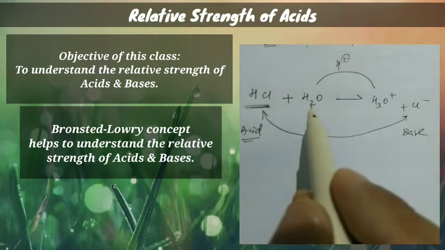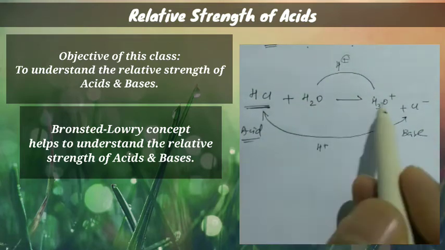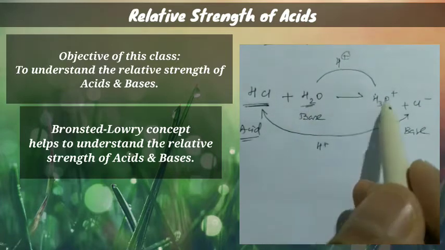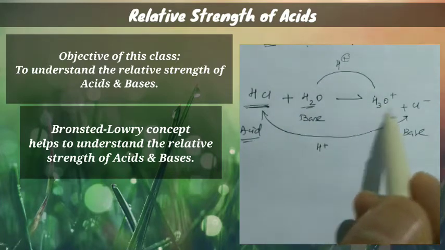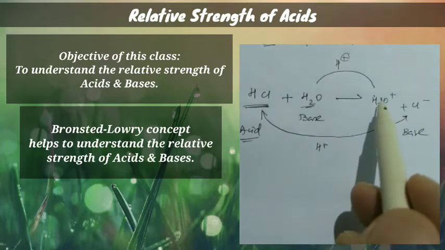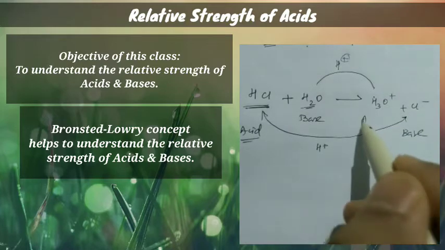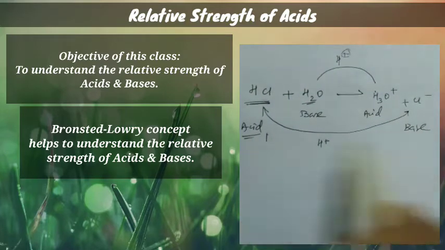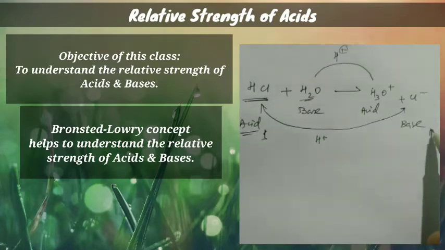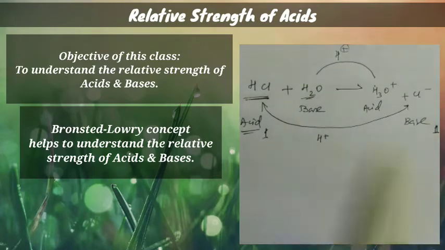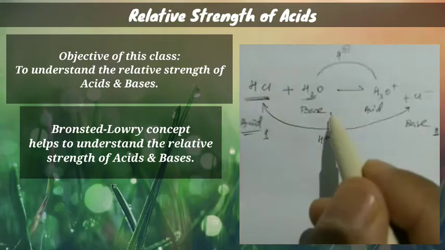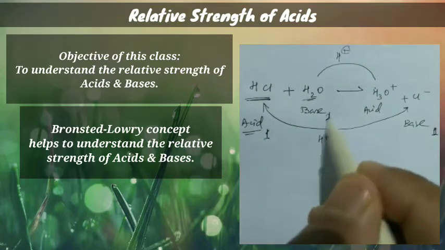Since water accepts the H+ ion, it is your base. And to get water back from this one, the hydronium ion must lose H+, so it is your acid. Let's suppose we mark with subscript 1 this one pair of conjugate acid and base, and this one is the other.